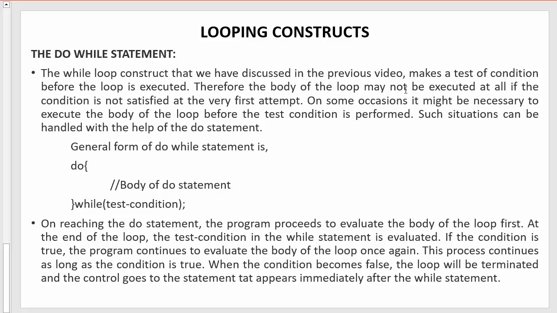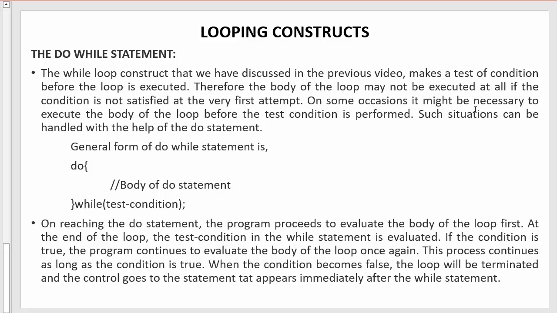Therefore, the body of the loop may not be executed at all if the condition is not satisfied at the very first attempt. If the condition isn't satisfied the first time, the body will also not get executed.